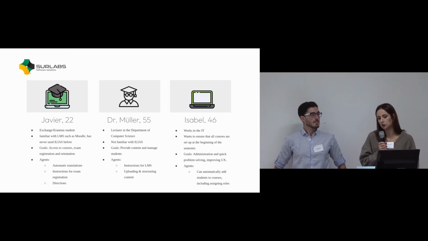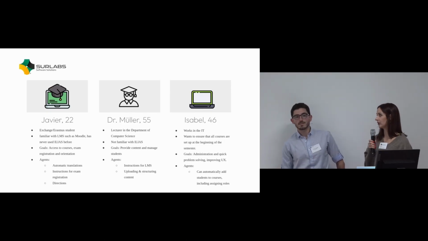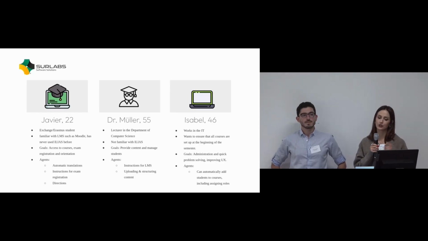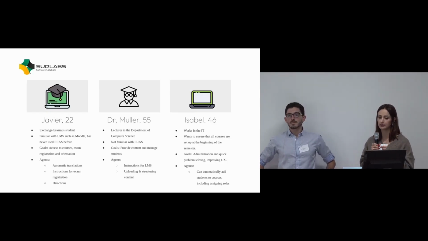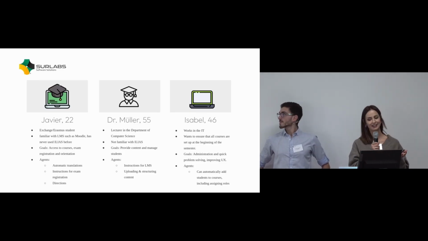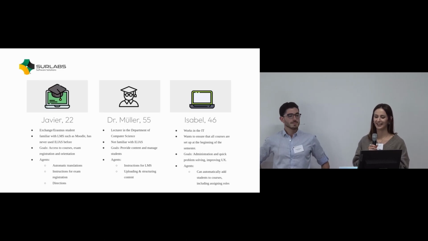A teacher, Dr. Müller, could use the agents for instructions for the LMS because he never worked with ILIAS before. The agents could upload and structure his content. And people working in IT could automatically add students to courses, create courses, and assign roles.